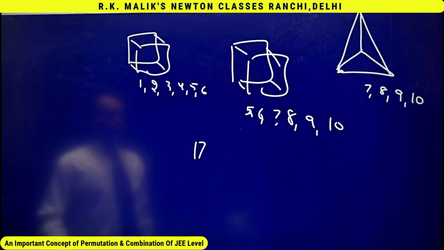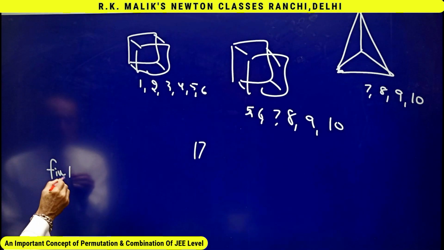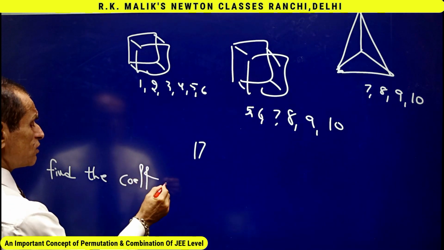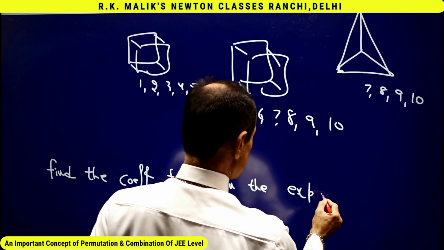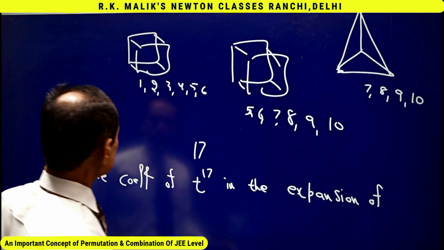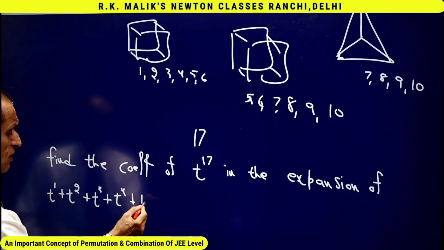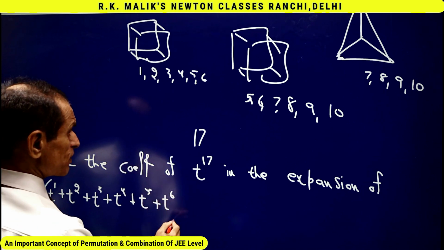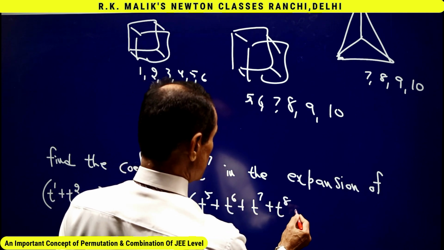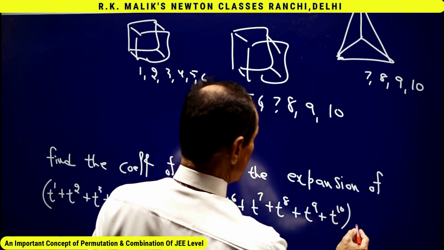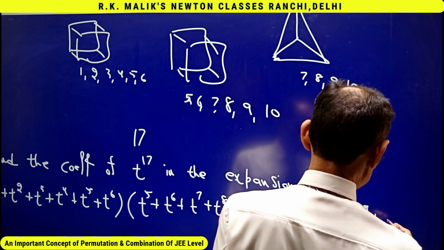In this case, if I want to find the number of ways of getting a total of 17 with the help of these 3 dice, I will have to find the coefficient of t to the power 17 in the expansion of the product: t to the power 1 plus t to the power 2 plus t to the power 3 plus t to the power 4 plus t to the power 5 plus t to the power 6, that is t to the power 5 plus t to the power 6 plus t to the power 7 plus t to the power 8 plus t to the power 9 plus t to the power 10, and further t to the power 7 plus t to the power 8 plus t to the power 9 plus t to the power 10.